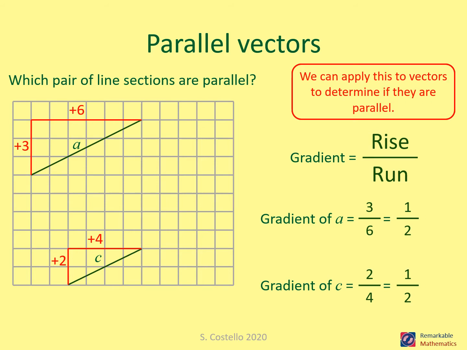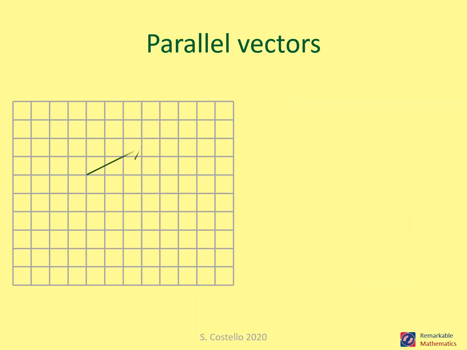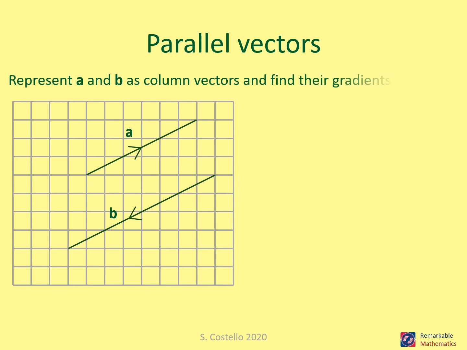We can apply this to vectors to determine if they are parallel. Represent vector A and vector B as column vectors and find their gradients.